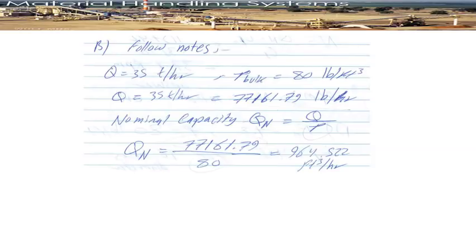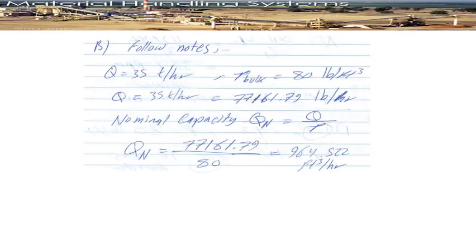So for the solution, we have to follow the notes. We had the Q value equal to 35 tons per hour, which is in the question. The bulk density is 80 pounds per cubic feet. The Q value of 35 tons per hour can be simply changed into pounds per hour by multiplying by 2.204.